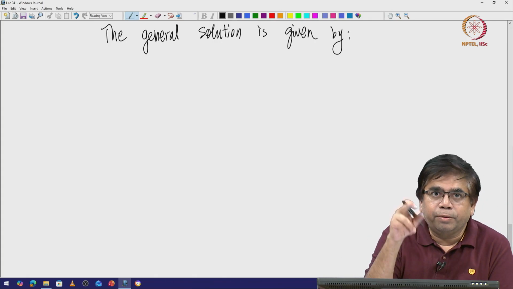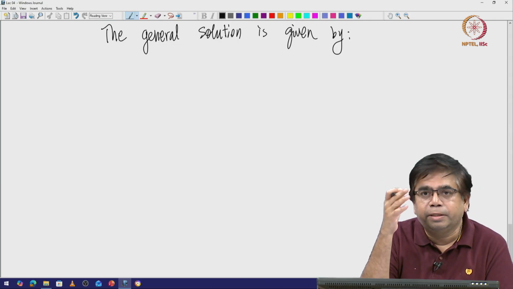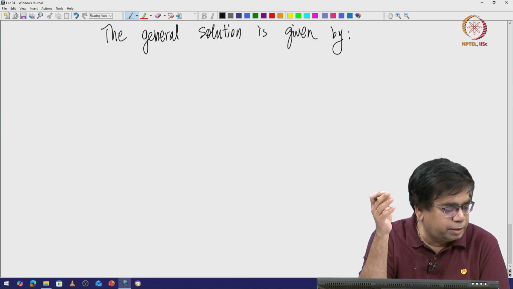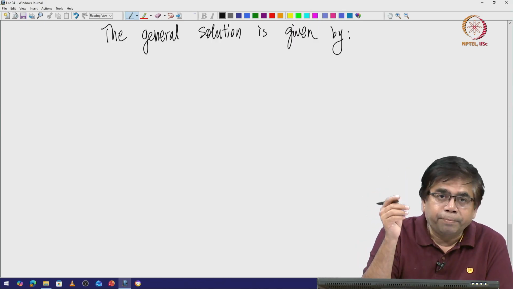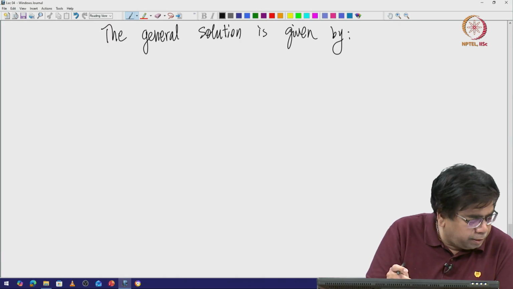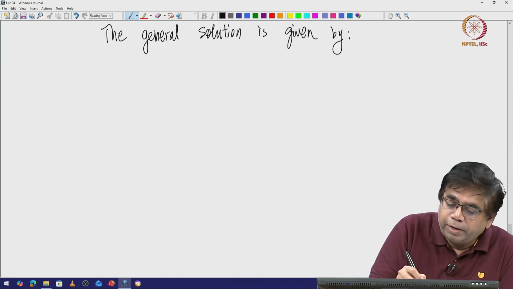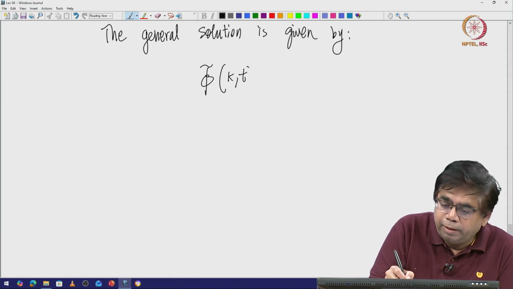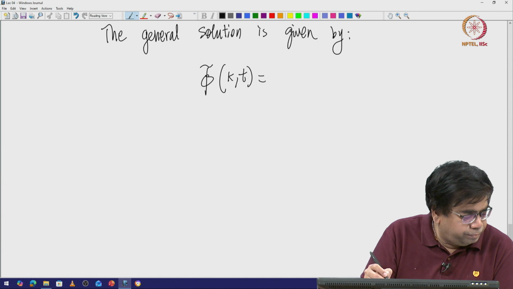Because this is nothing but your Klein-Gordon equation of motion, whose solutions are nothing but plane waves, you can write these plane waves in momentum space. You can express phi tilde k, t is equal to.